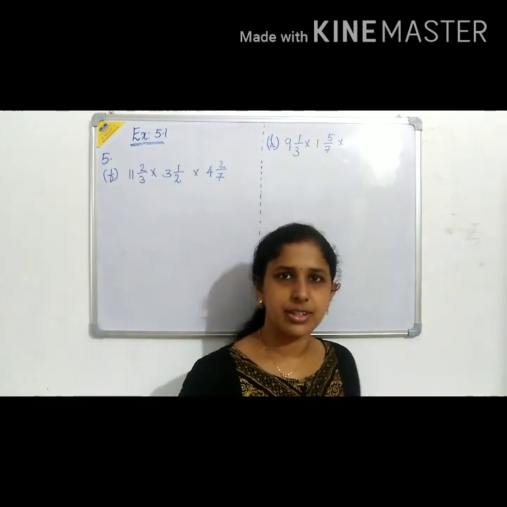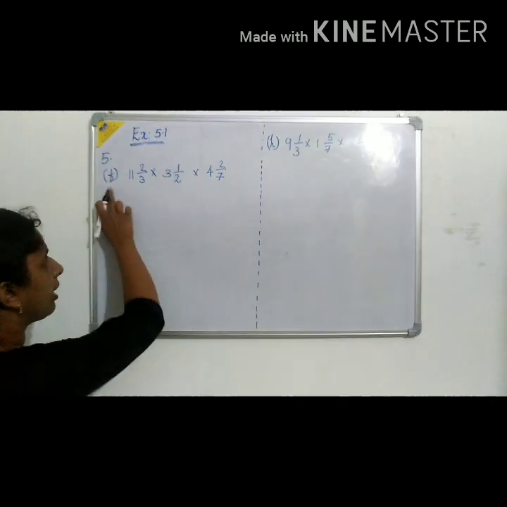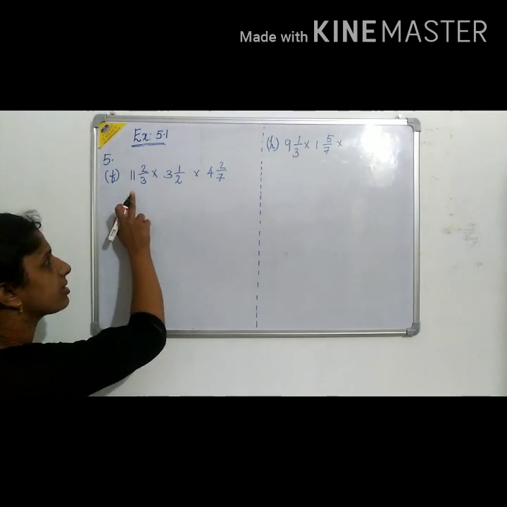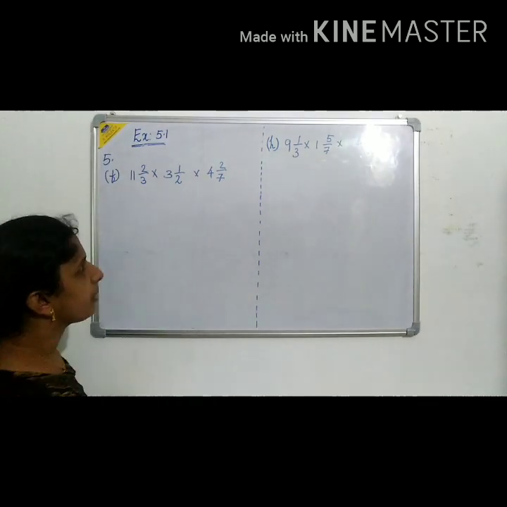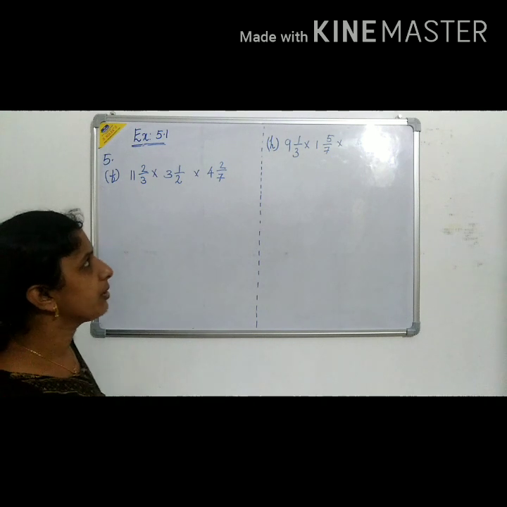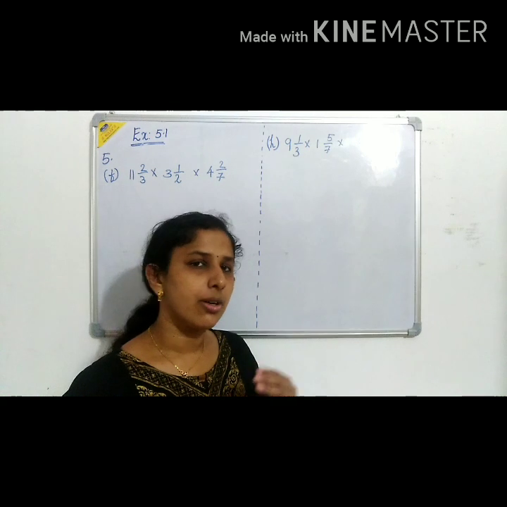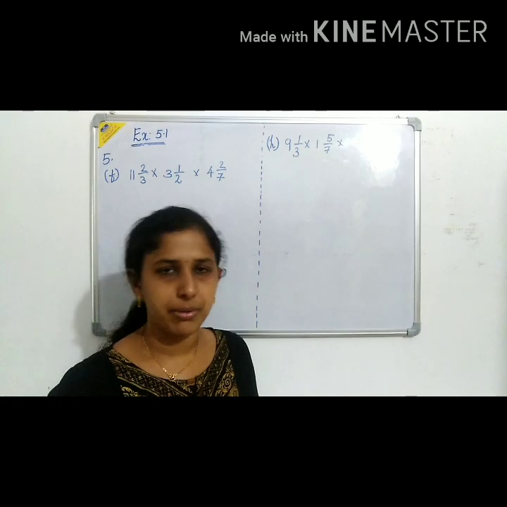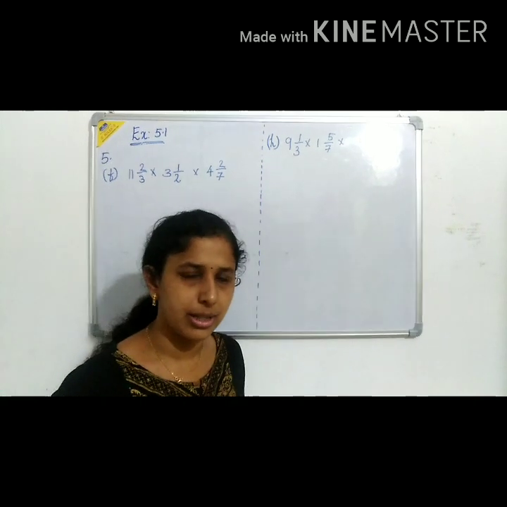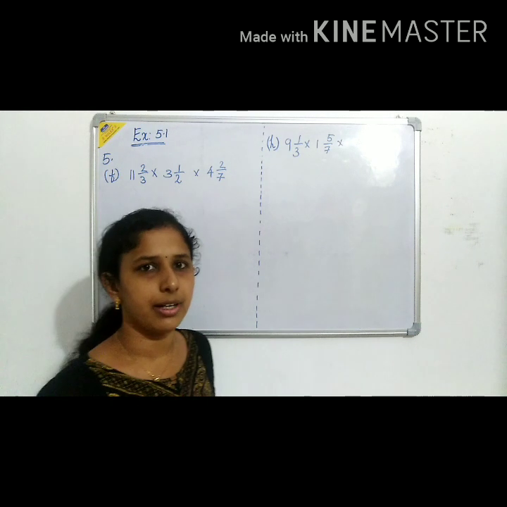Now the next question is F. The question is 11 2/3 into 3 1/2 into 4 2/7. Here you can see 3 mixed fractions are there. So all the 3 we are going to convert into improper fractions. Then we will cancel the common factors. Then we will find out the answer.